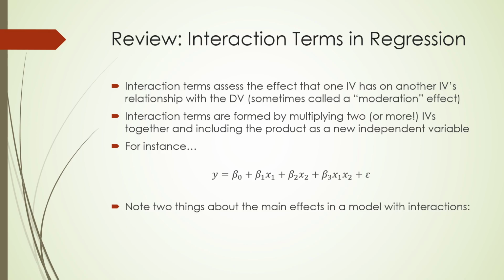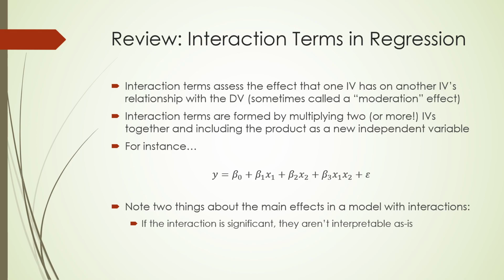And so in this case, if the interaction is significant, the main effects aren't interpretable as is. Ultimately, the presence of an interaction means that the interpretation of the relationship between the independent variable and the dependent variable is different depending on what the level of the other variable is.